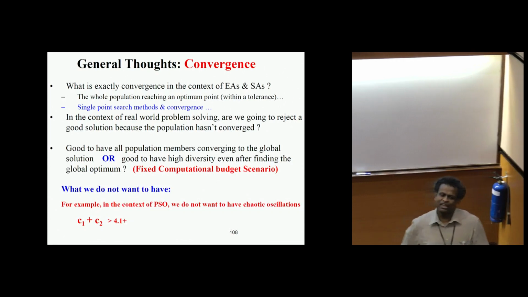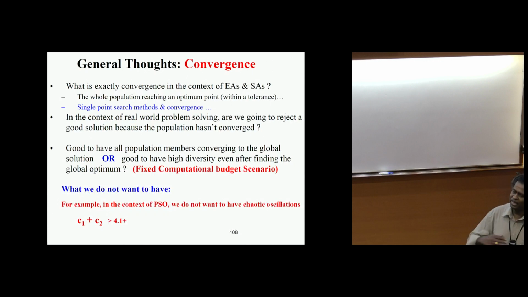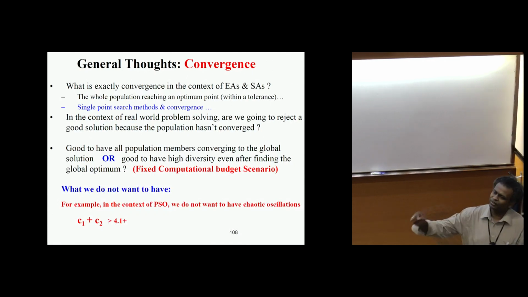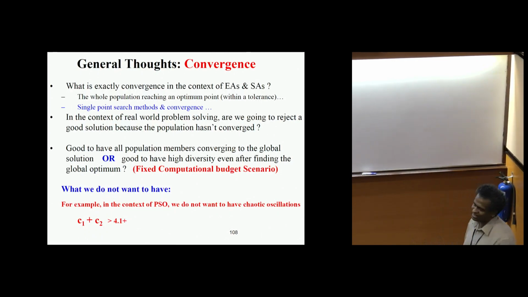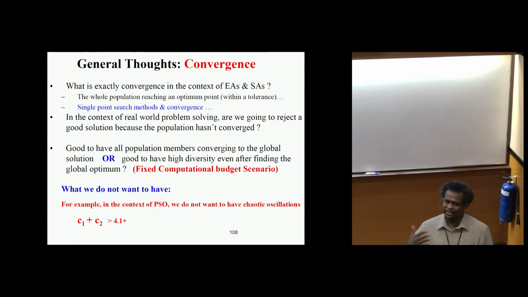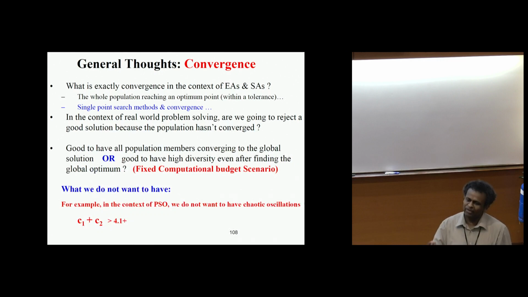When you are solving a real problem, my suggestion would be that even after you find the global optimum, the population should be diverse. Why, if it is possible? When you solve a practical problem, most of the time you don't know where the global solution is. If you know the global solution, you don't want to solve it anyway. But we researchers solve problems with known solutions.